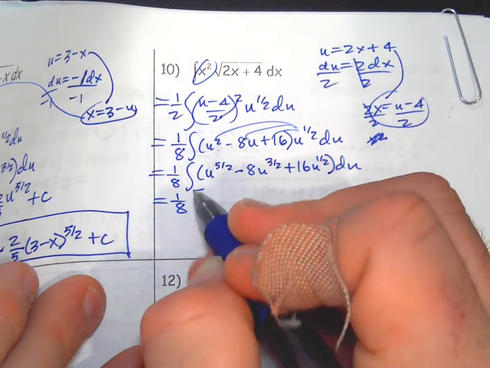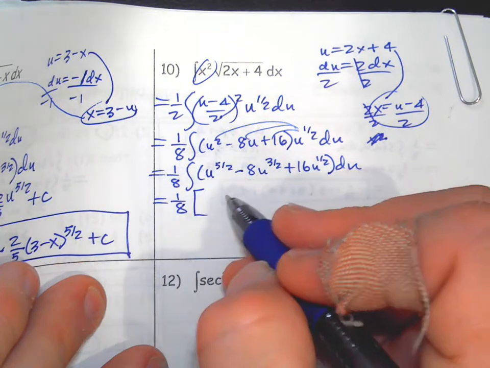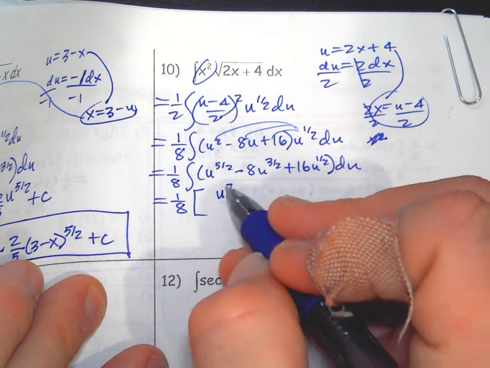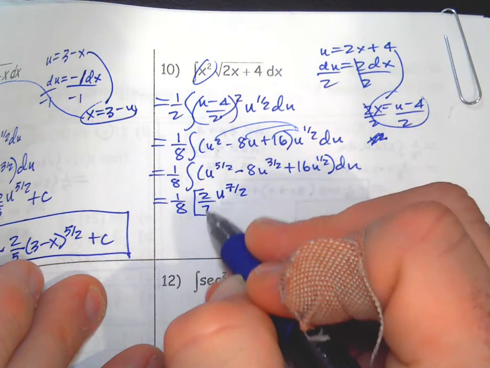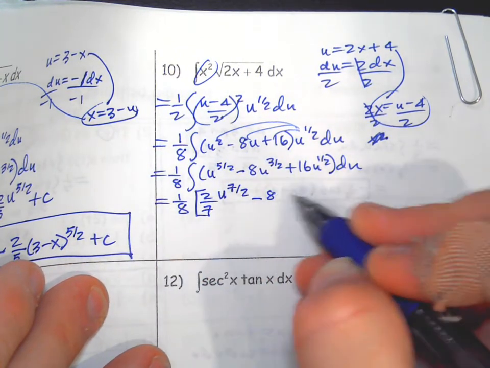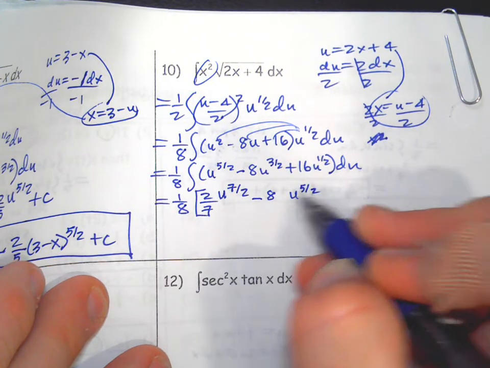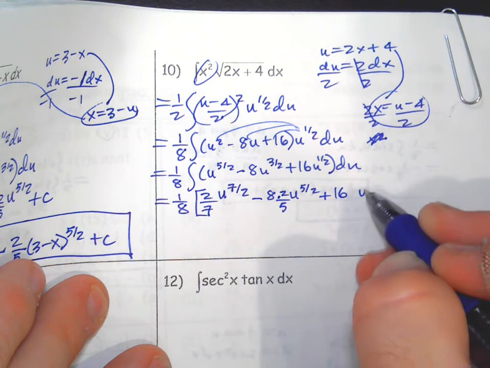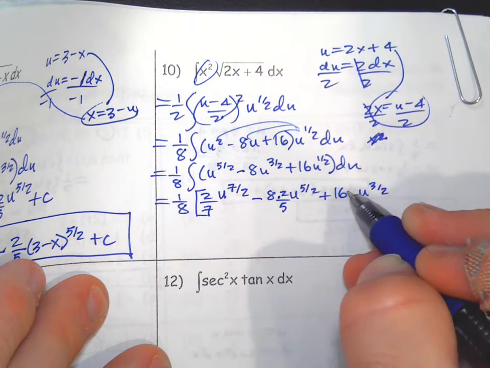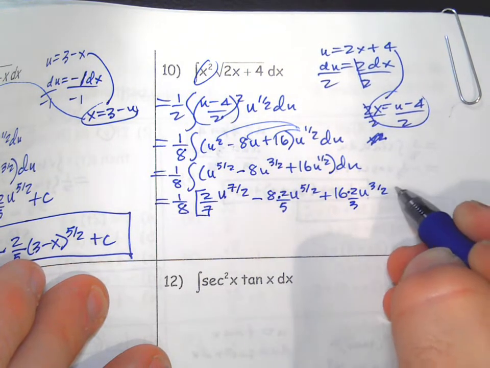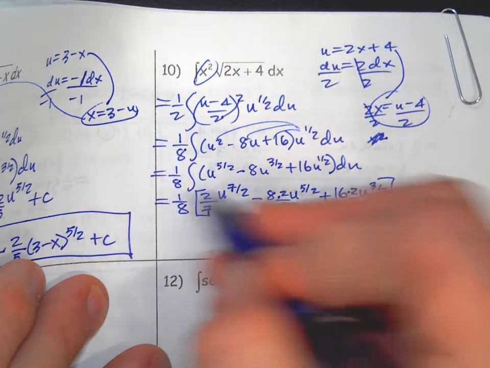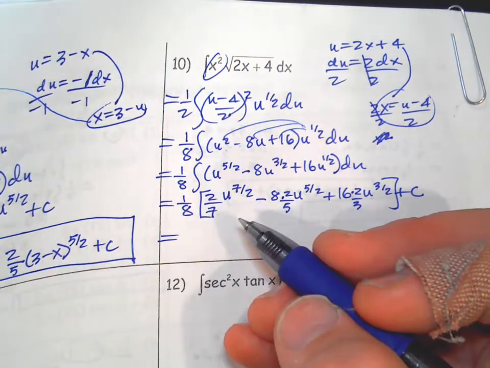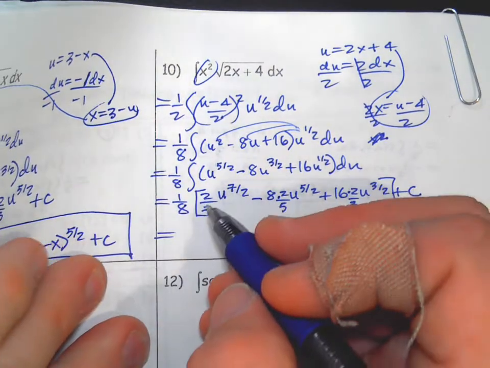And so the antiderivative, I mean, we have to distribute this 1/8, so you could do it as you're doing it, but that might mess you up. u to the 7 halves, divided by the new exponent, multiplied by the reciprocal, minus 8 u to the 5 halves, divided by the new exponent, or multiplied by the reciprocal, plus 16 u to the 3 halves, divided by 3 halves, multiplied by the reciprocal, 2/3, plus c. Now, we don't have to distribute the 1/8 to plus c, but for our final answer we do need to change everything back into terms of x.